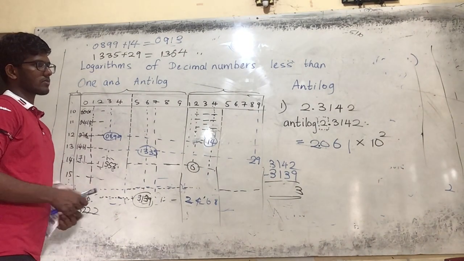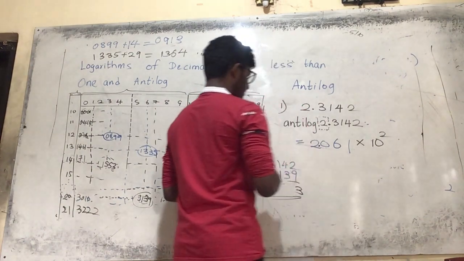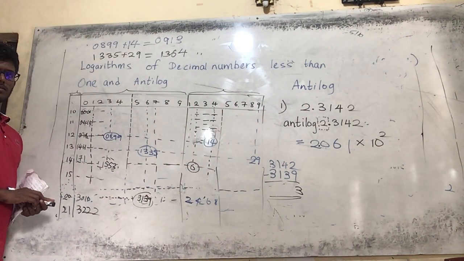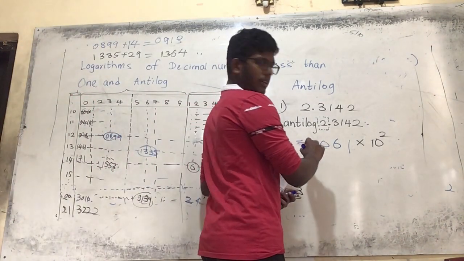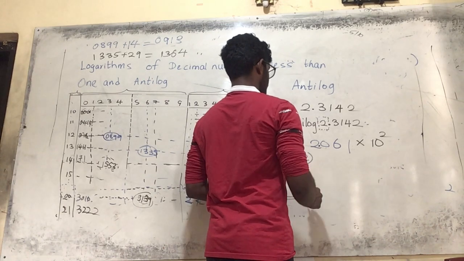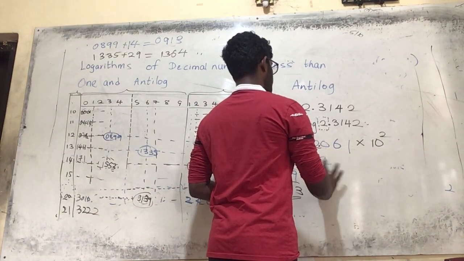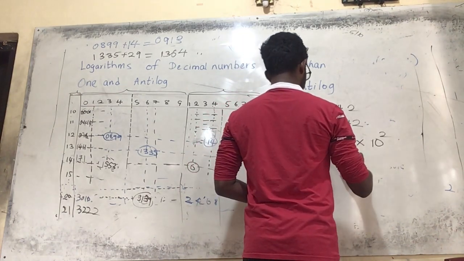Okay. Now we'll do another example, but this time, please write this down. Pause the video and write it down. In this example, are we having a number like this?